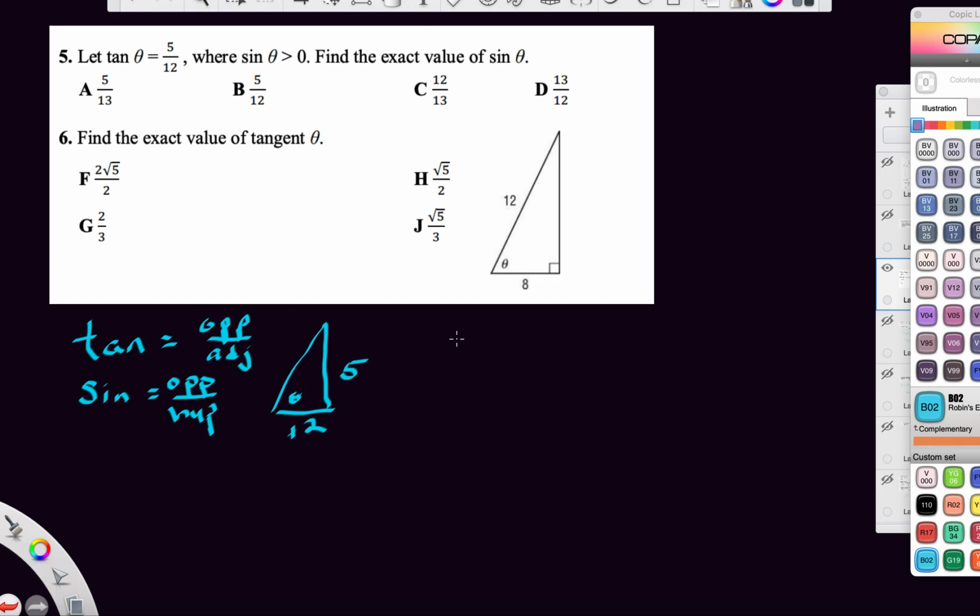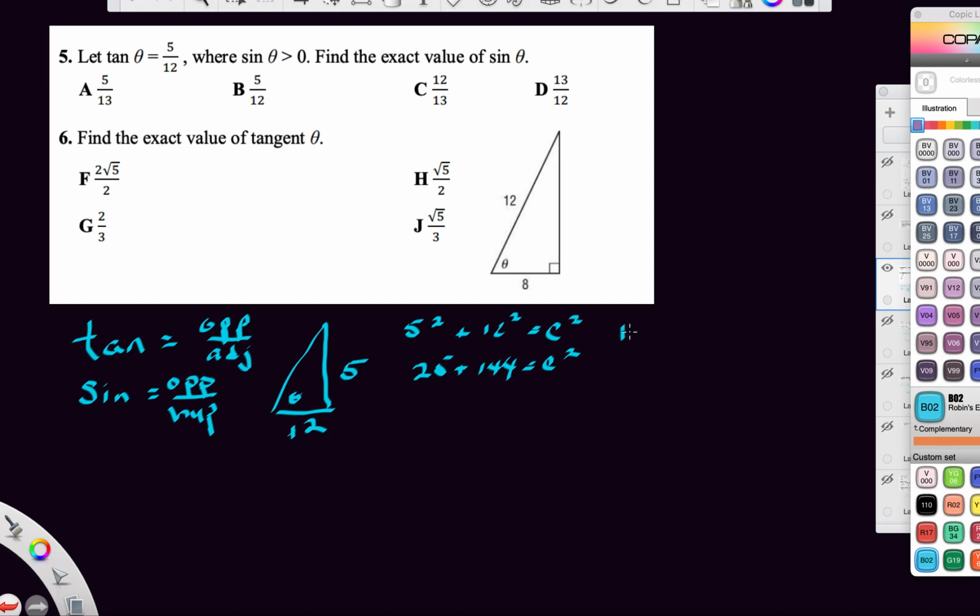So we're going to use Pythagorean Theorem, which is 5 squared plus 12 squared equals c squared, or hypotenuse squared. 25 plus 144 equals c squared.